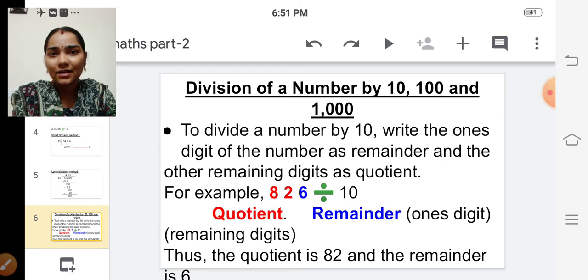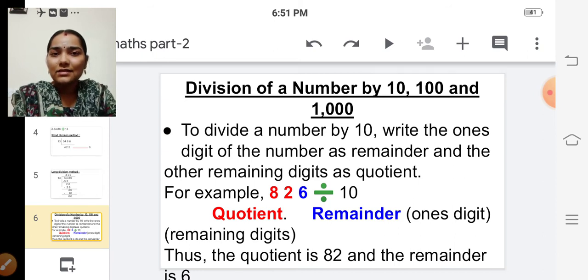Is it clear, children? We can straight away write the answer.